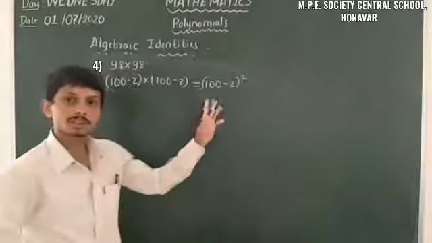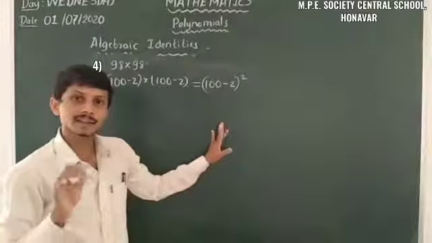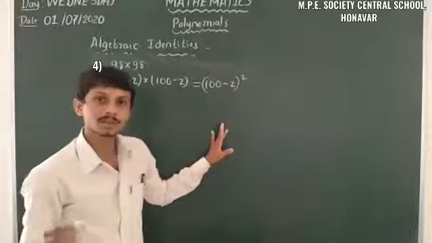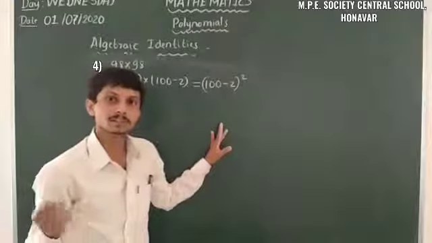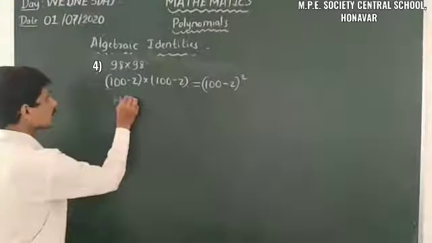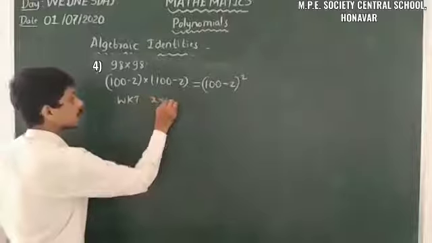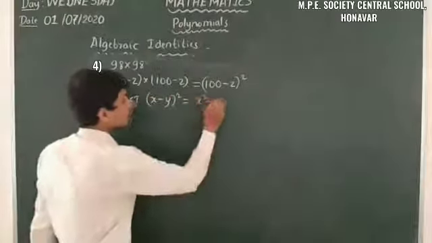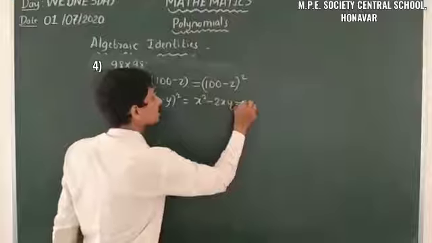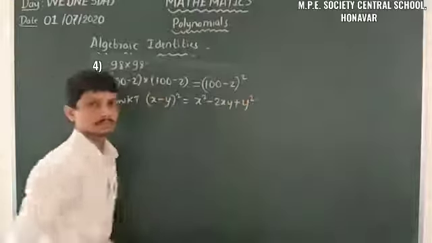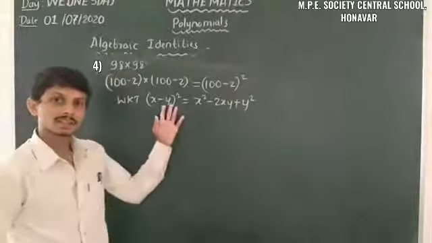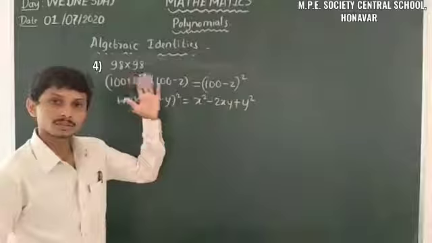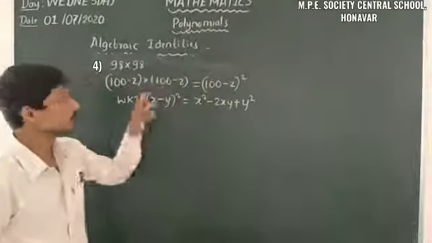This can be solved using one of the algebraic identities, that is (x − y)² = x² − 2xy + y². From the use of this algebraic identity, we have to find the value of 98 into 98.